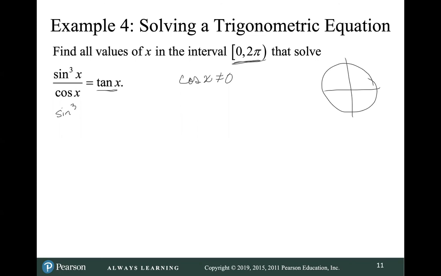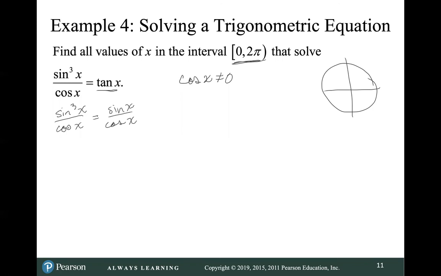Sine cubed x divided by cosine of x equals sine of x divided by cosine of x. Now, whenever possible, we want to avoid dividing by functions, dividing by something with a variable.